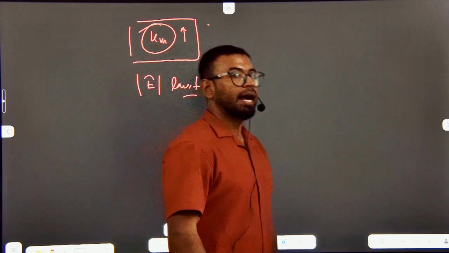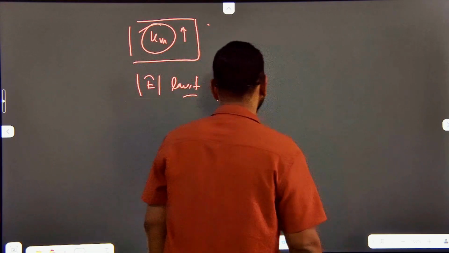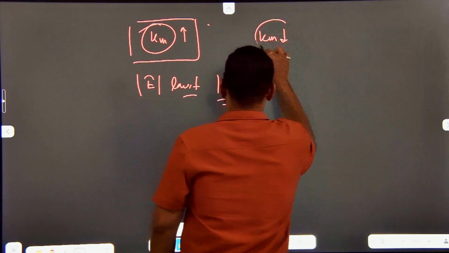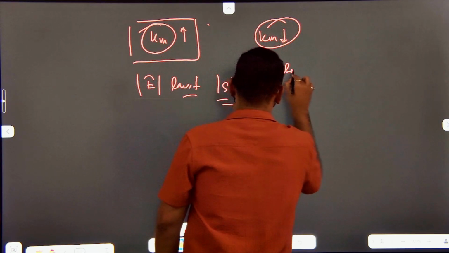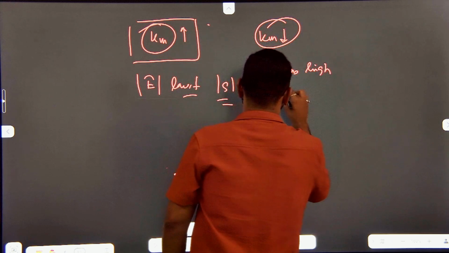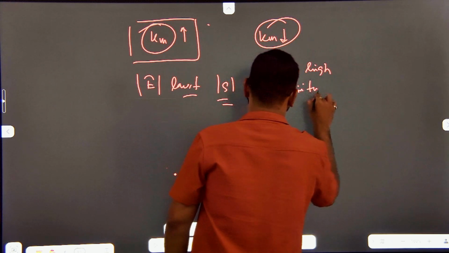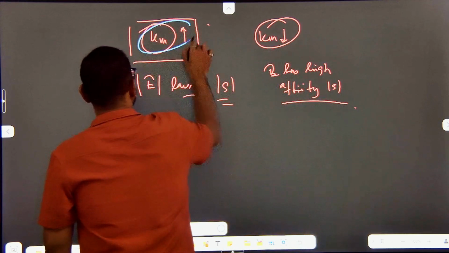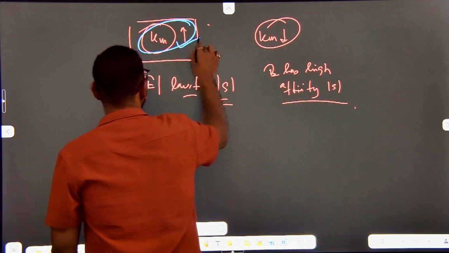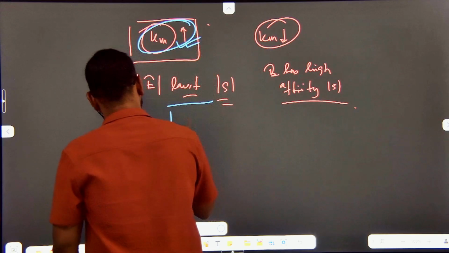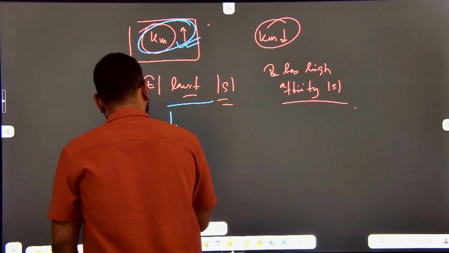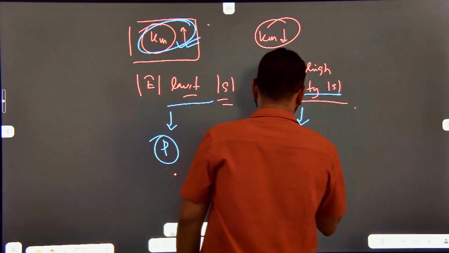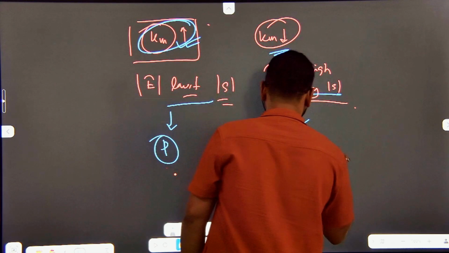When the Km value is low, the enzyme has high affinity towards substrate. That means high Km, least affinity, least probability of forming product. Low Km, high affinity, maximum possibility of forming product.